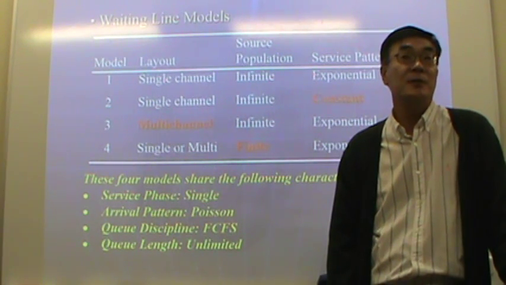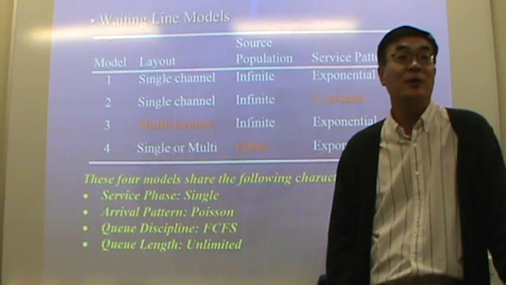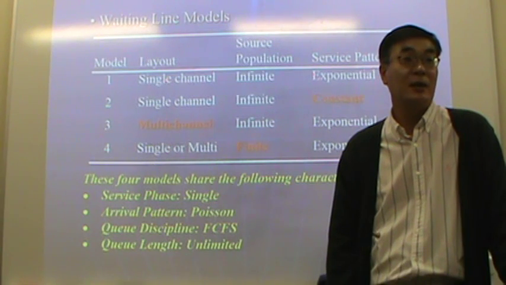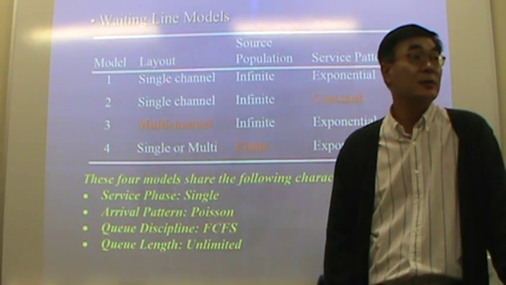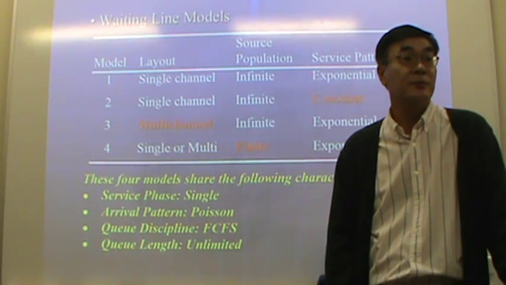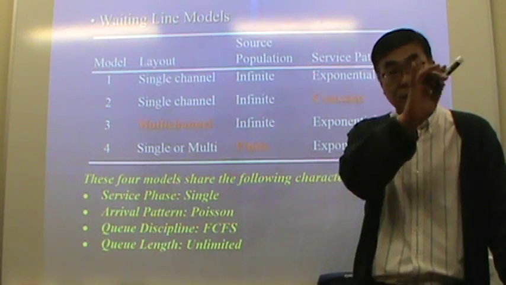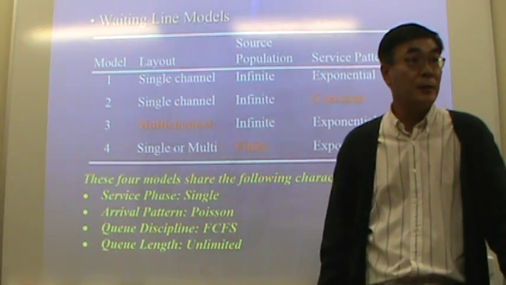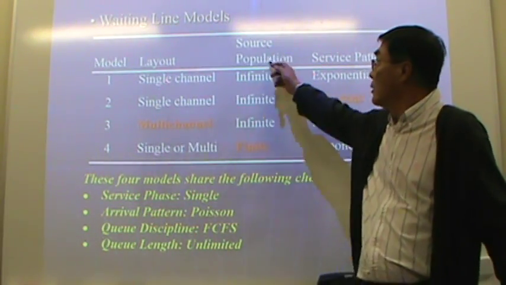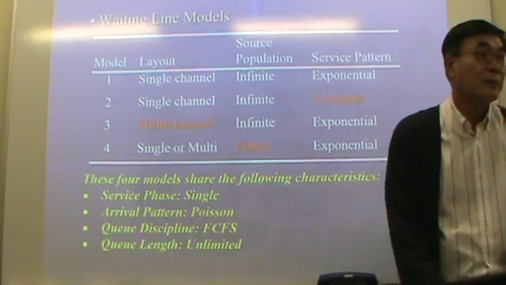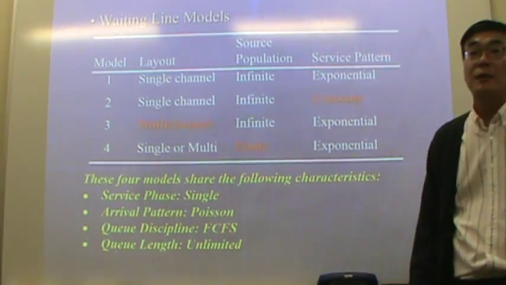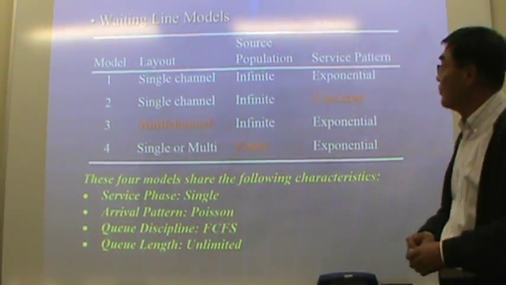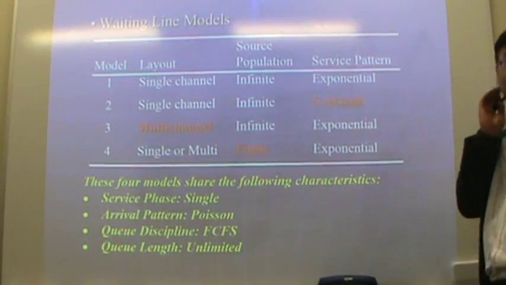But if a system can handle only one customer a day, in that case, the customer size is large enough. Even if the number looks like finite, the source of population is infinite, right?